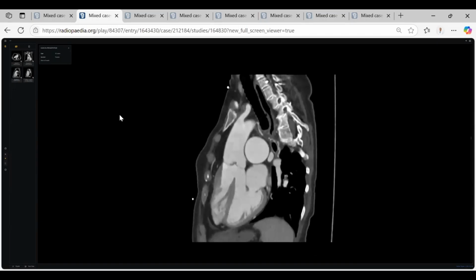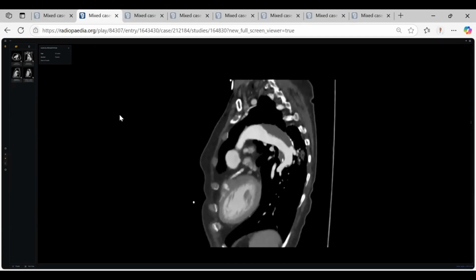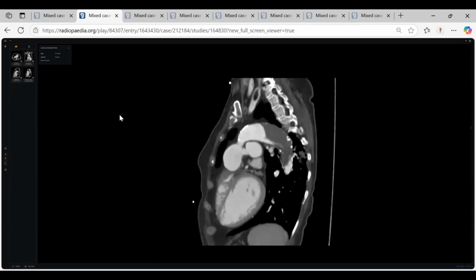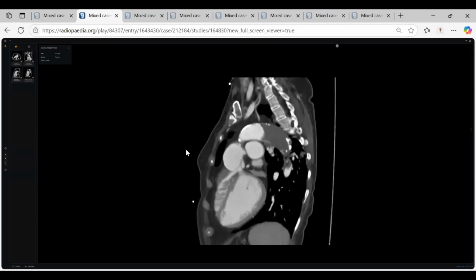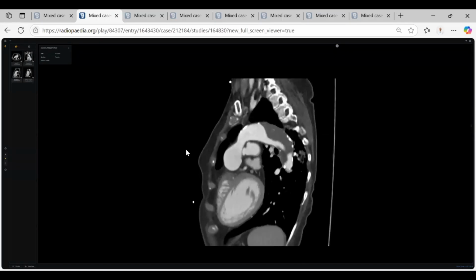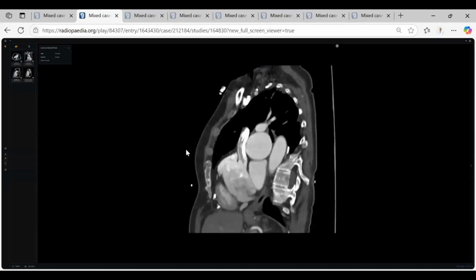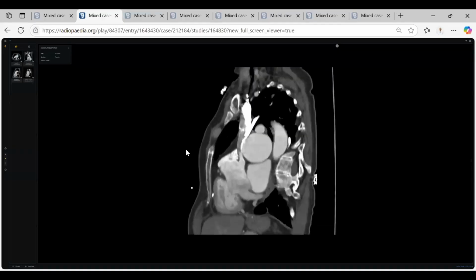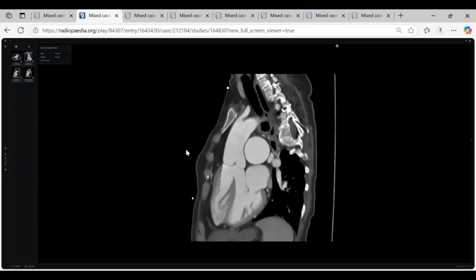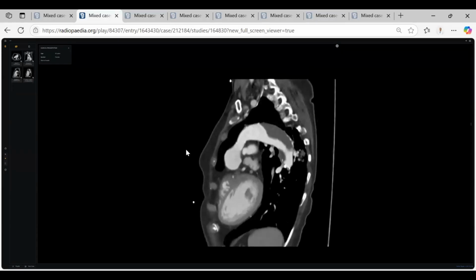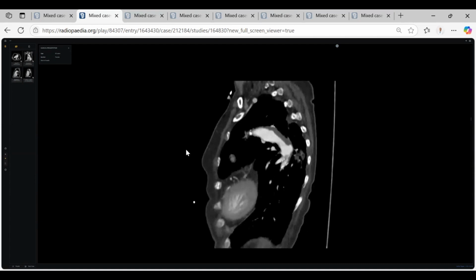Excellent. But tell me the origin of the pulmonary artery. See, where is the origin? From where does the pulmonary artery originate? This is arising from the LV. No, not LV. Concentrate again, doctor. See, this is the aorta. And from where do both pulmonary arteries originate?